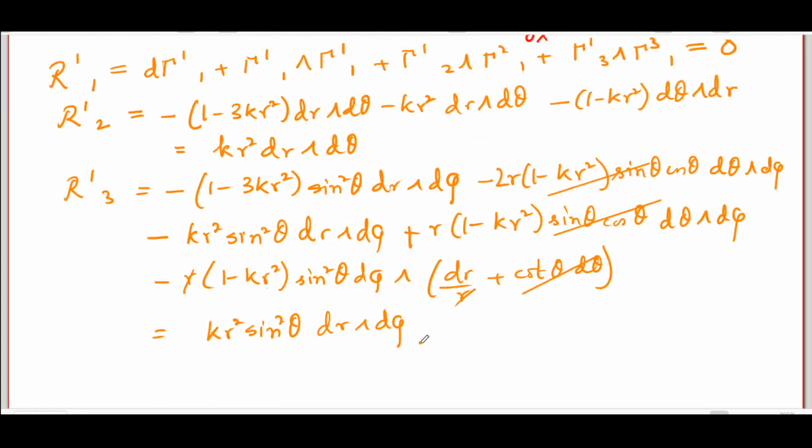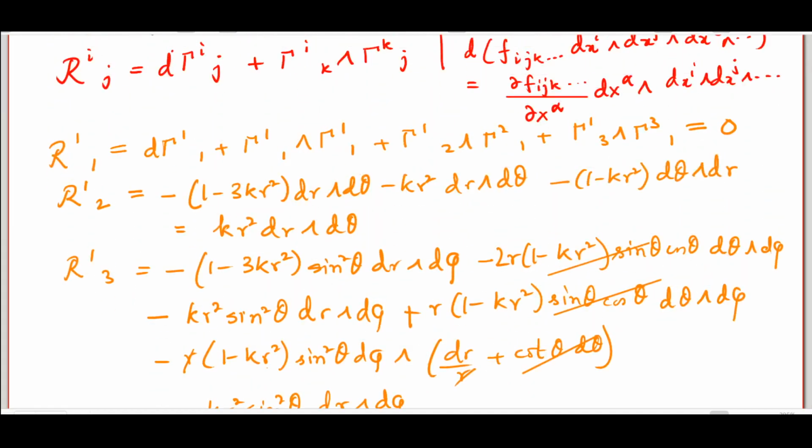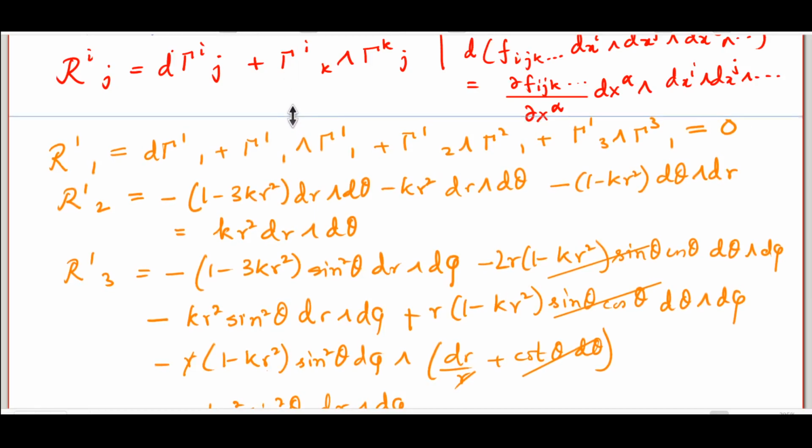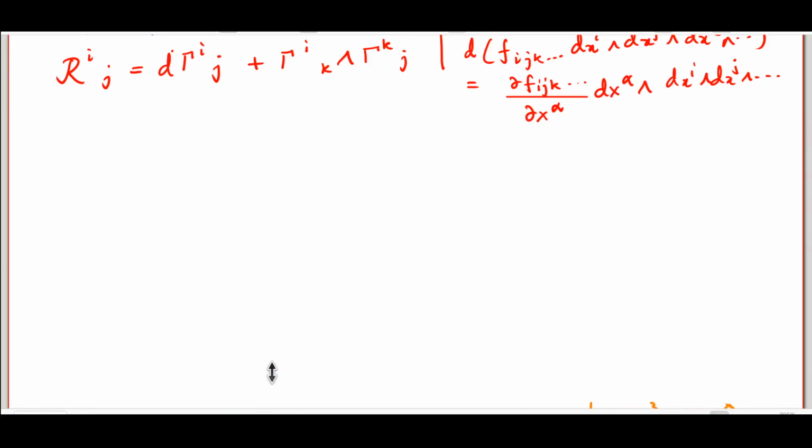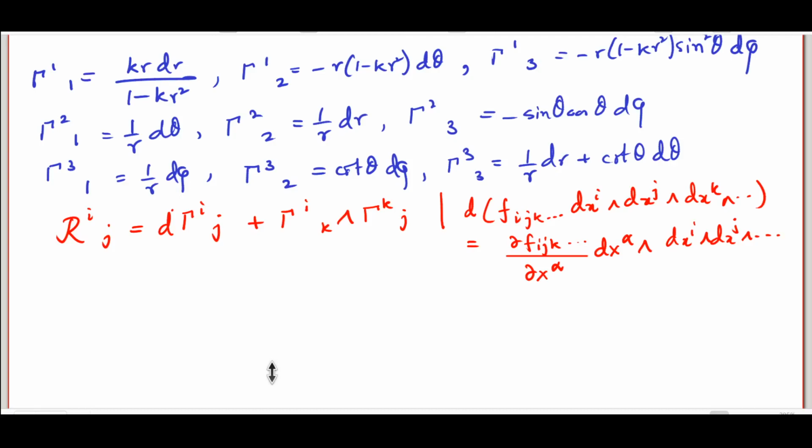What about the rest? Now, just so that I don't move too far away from my gammas, let's move the R's that we have already calculated down. Let's go on and quickly calculate the R's. Let's just use a different color for this. R21, d gamma 21 minus 1 by R square dr wedge d theta plus gamma 21 wedge gamma 11.